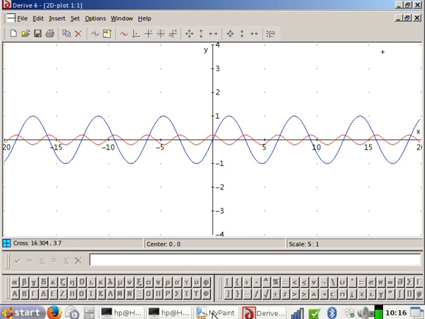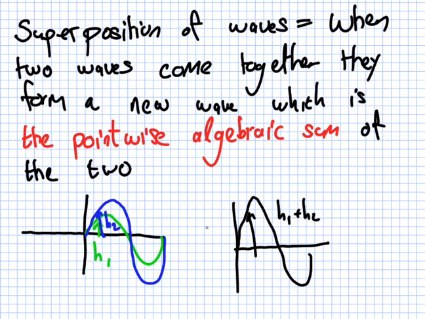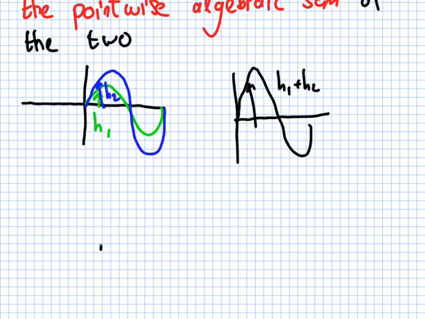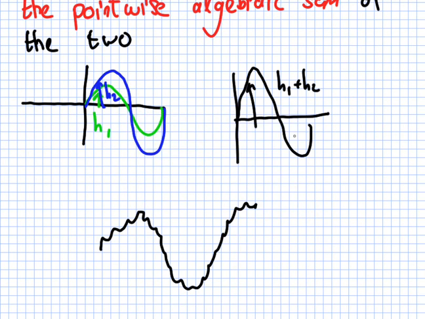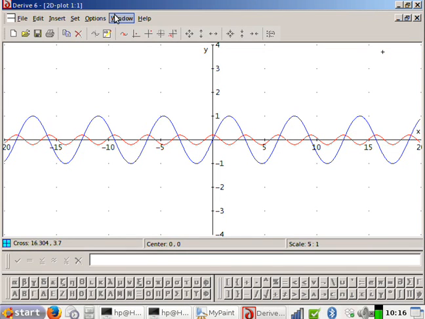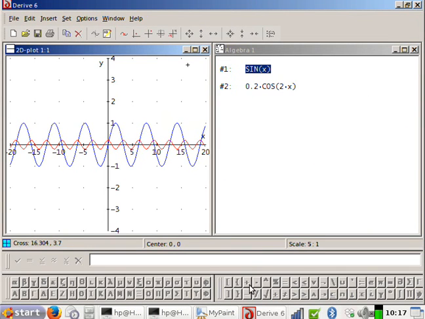So I'm picturing in my head this looking something like this. Let's have a look and see what we get. So let's add them together. Wave 1 plus wave 2.